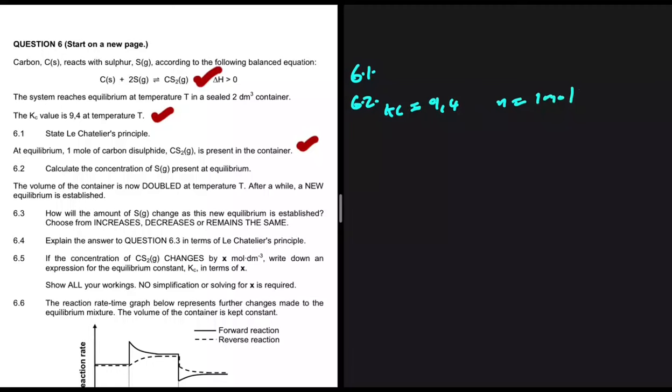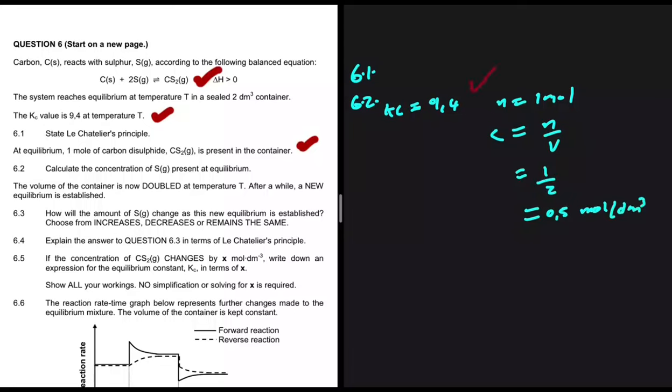But we are given the volume, it is said to be 2 decimeter cube. So we can find the concentration of CS2 at equilibrium. It will be equal to the number of moles divided by the volume. This is going to be 1 divided by 2, which is 0.5 moles per decimeter cube.